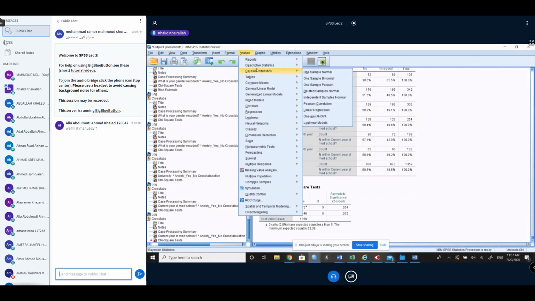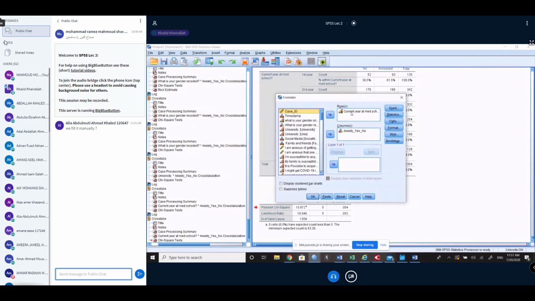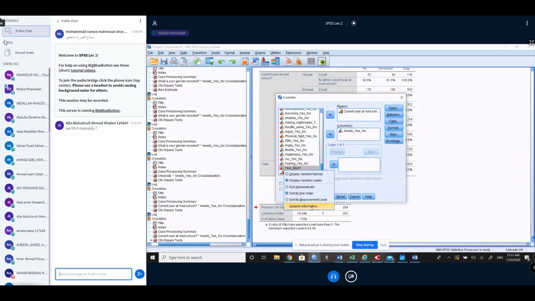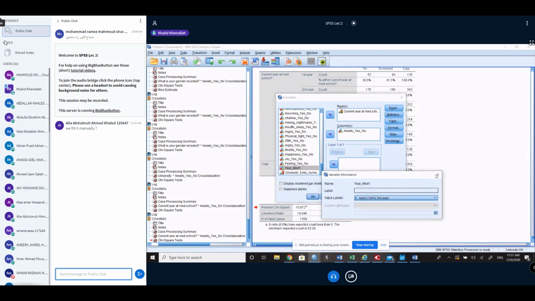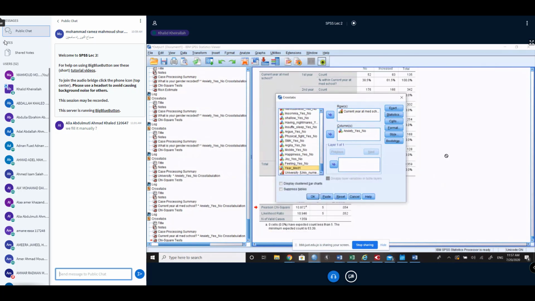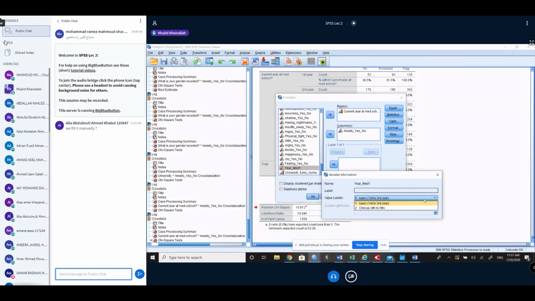How about if we do it by okay. So if we go at the bottom, there's the year mid one. If you right click on it, variable information, it gives you the two options.